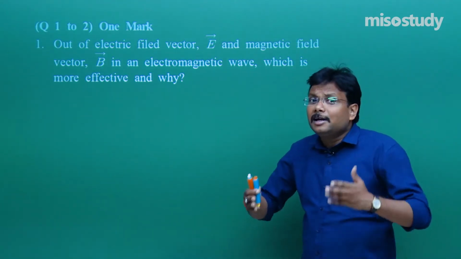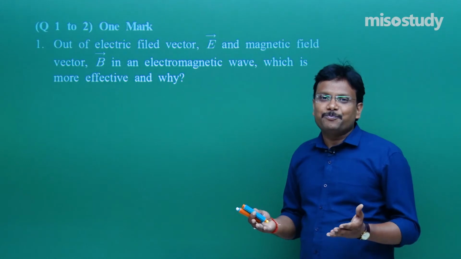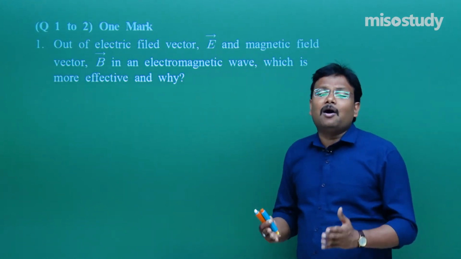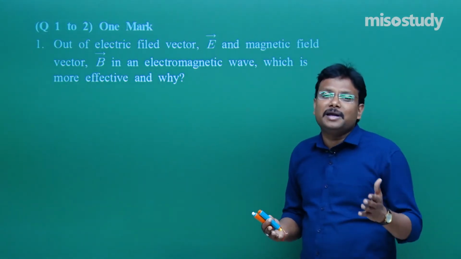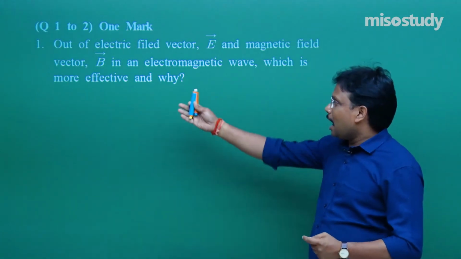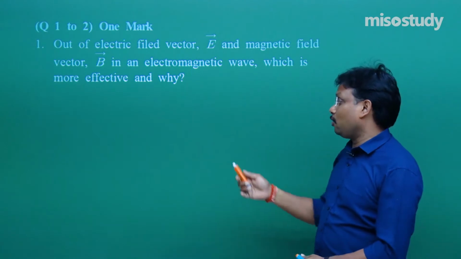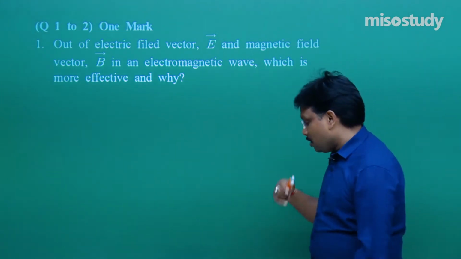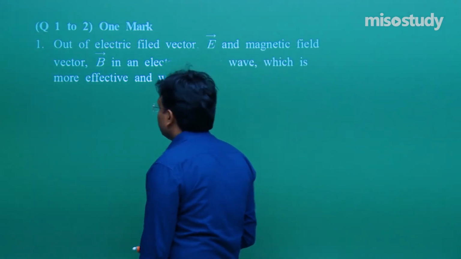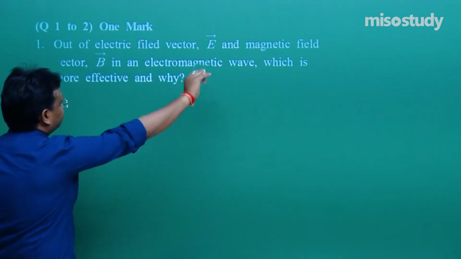Which term is creating a lot of problems? Which term is important, or associated with so many concepts, and which term is more effective? These types of questions, and also you have to answer why. So, let us try to find out the solution of this question.